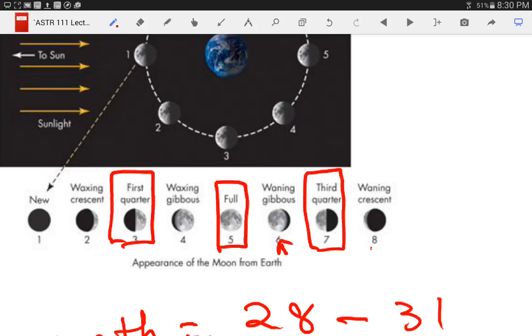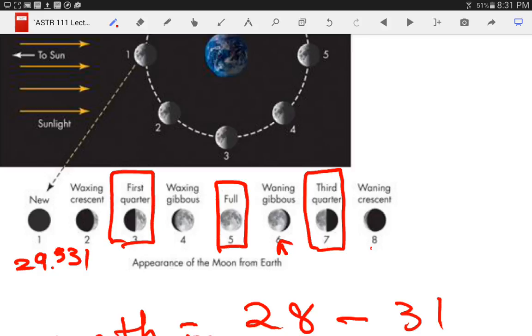Did you have a question? Yeah, how often do each of these phases occur? Well, the whole cycle takes 29.531 days, right? So if you take 29.531 and divide it by 4 to get the quarters, it's just a little over 7 days for each quarter.